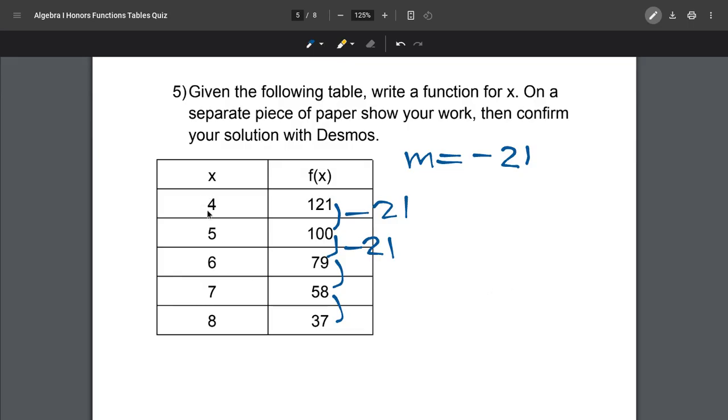And now we've got to bring this back up. We're starting where x equals 0. So to find my intercept, I've got to take 121, and I've got to add 4 times 21. So let's do that out quickly on the calculator.